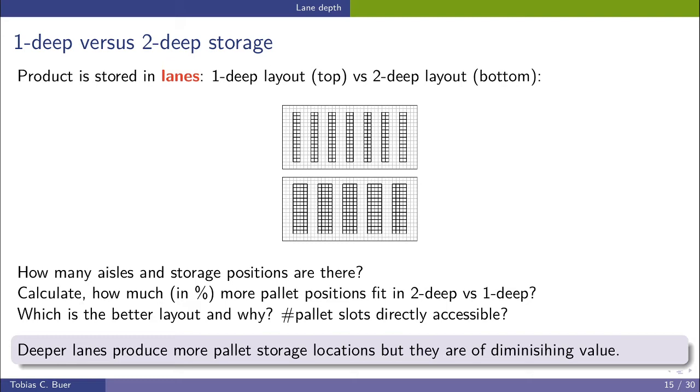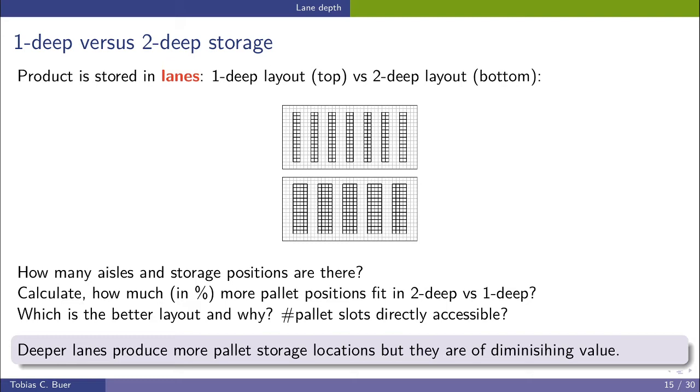You also see that the size of both areas is the same, but the number of storage slots varies. First of all, I think what might be confusing is how to count this 1 deep and 2 deep storage.